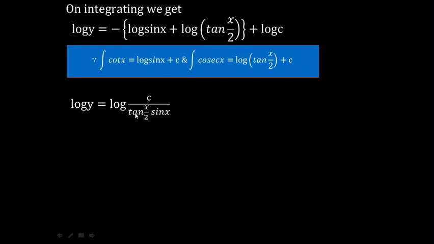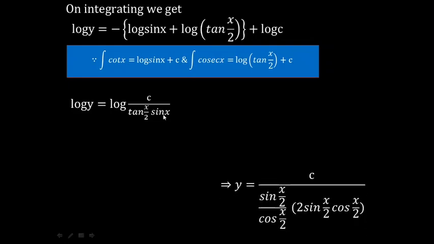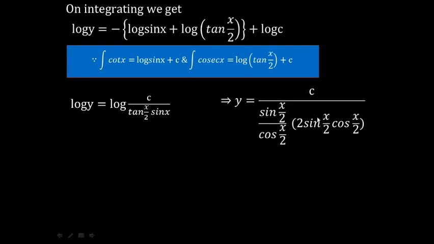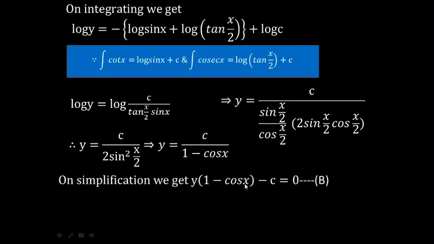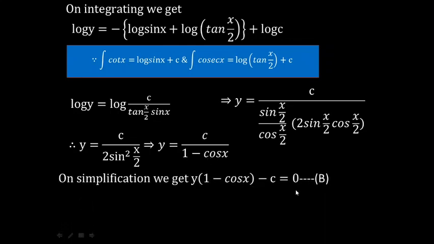So log c upon tan x by 2 into sin x. Further using the formula sin x as 2 sin x by 2 cos x by 2, you will find cos x by 2 gets cancelled and we are left with 2 sin square x by 2 in the denominator. So y is equal to c upon 2 sin square x by 2, and 2 sin square x by 2 is nothing but 1 minus cos x. So in this way we have y into 1 minus cos x minus c equal to 0 as the second solution.